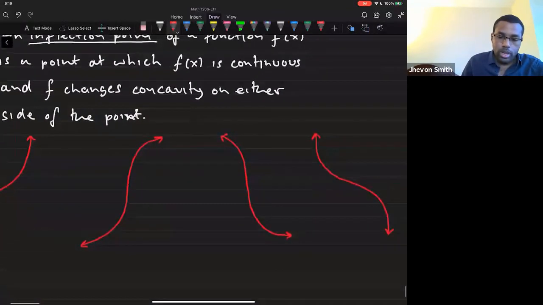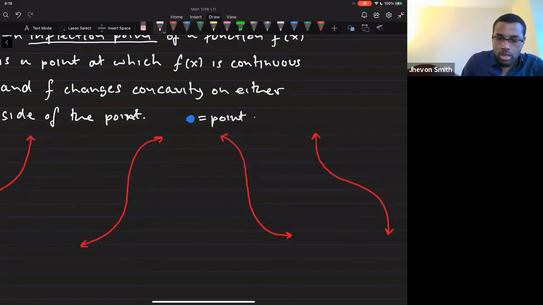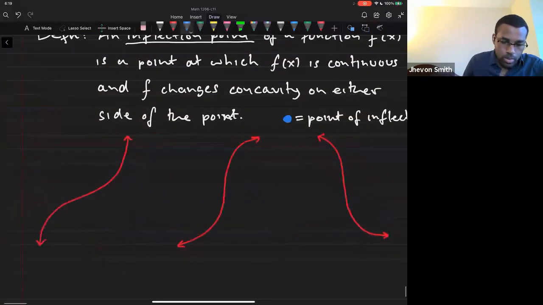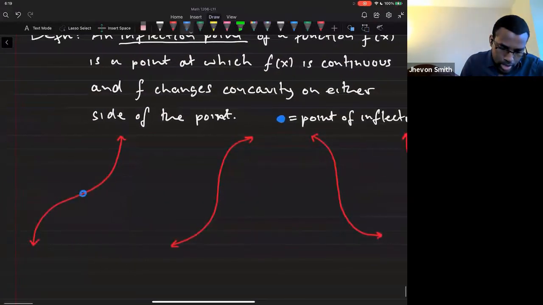So if the blue dot equals the point of inflection, then here it's probably around here, give or take.